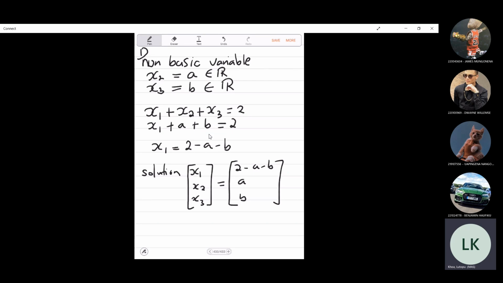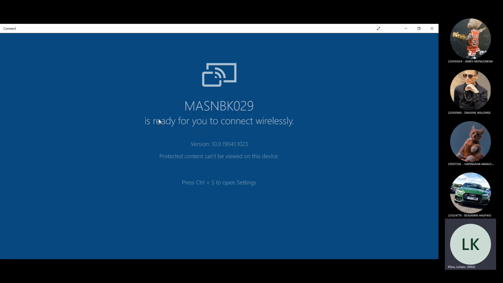So that means if I pick my x2 to be some number, let's say 5, and x3 to be 10, then x1 is 2 minus 5 minus 10, and that triple will be a solution for that system of equations. It'll work.